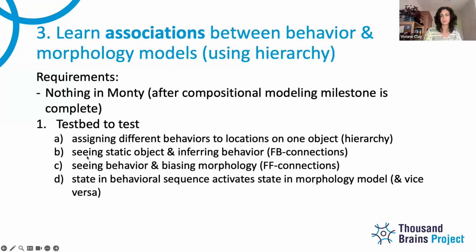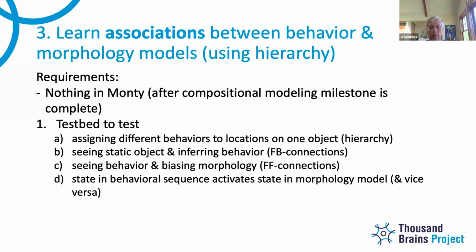And then we'd want to test seeing a static object and inferring the behavior, seeing a behavior and biasing which morphology object to recognize. And the state in the behavioral sequence can activate a state in the morphology model and vice versa. Like if we're at the end of the hinge behavior, we would activate the open stapler morphology representation.